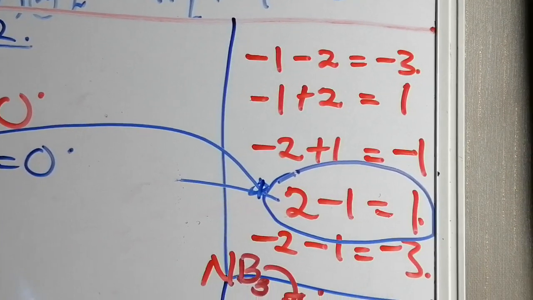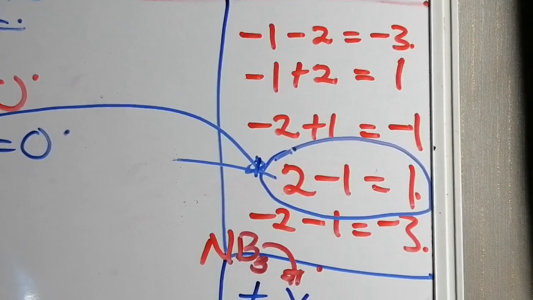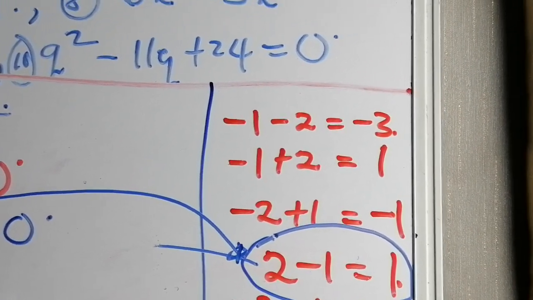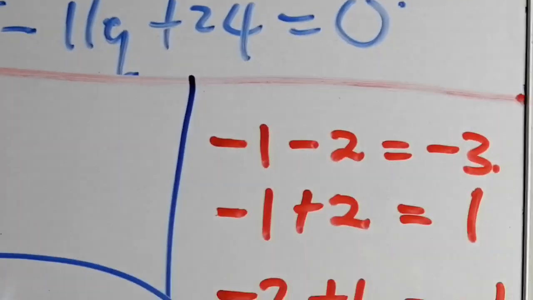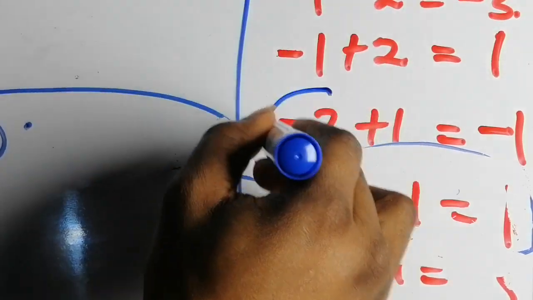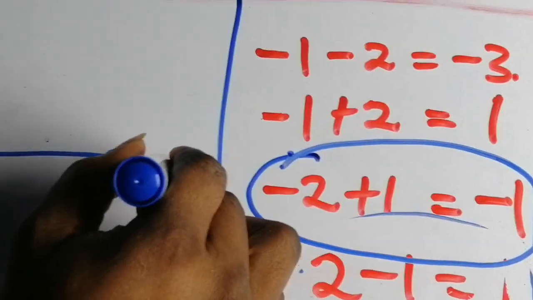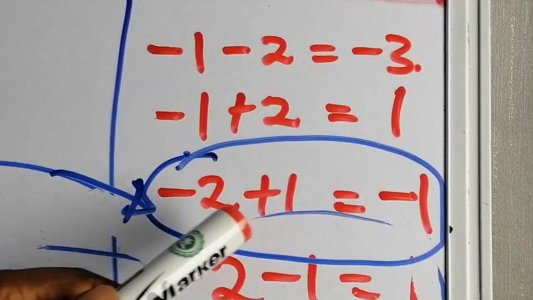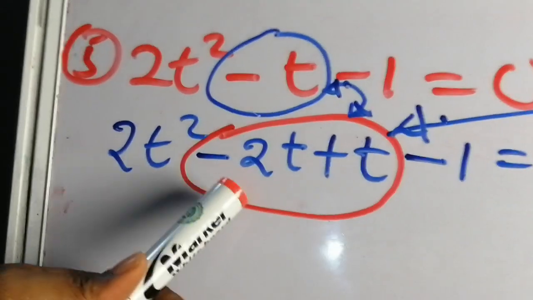Okay, coincidentally I use the same value. Sorry, not this one. I'm not using this method. It's this one I'm using here. If you look at it very well, minus 2 plus 1 will give us minus 1. And I need minus t here. So that is the same thing.